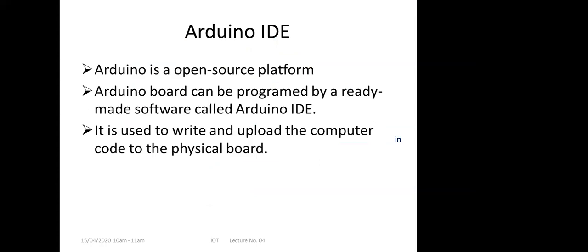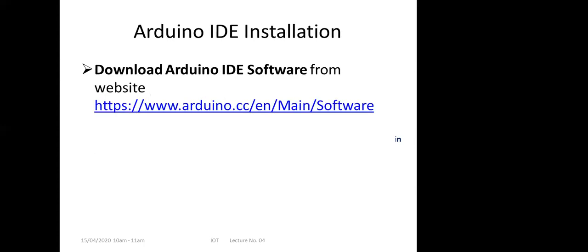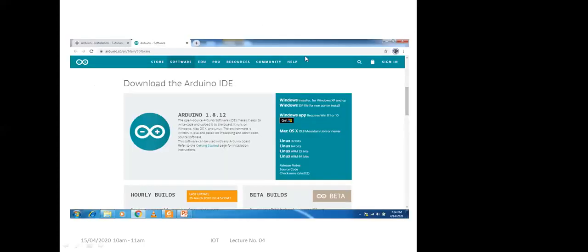As we discussed, we need to write the program in the IDE and upload it to the physical board from the computer. Then from where can we download the IDE software? We can download it from here. If we click on this, it will take you to the Arduino website.